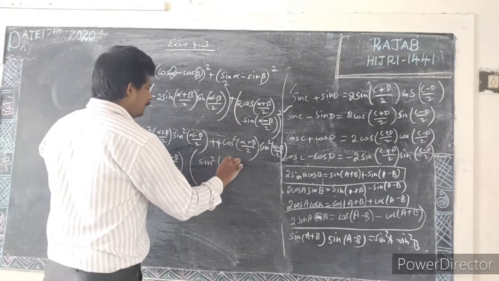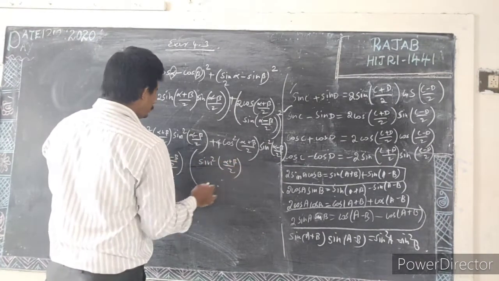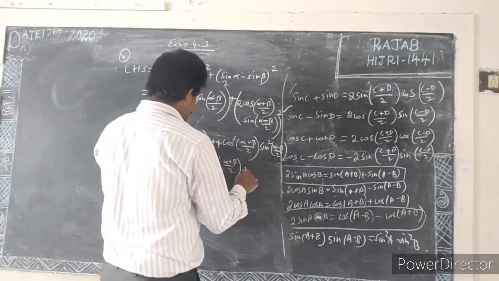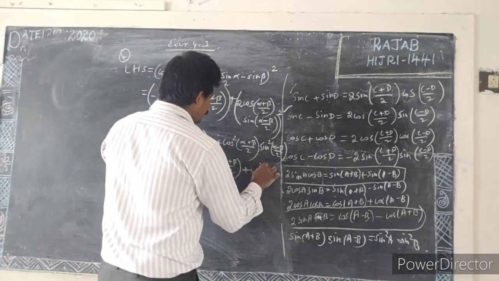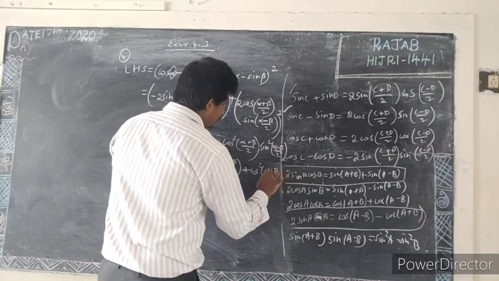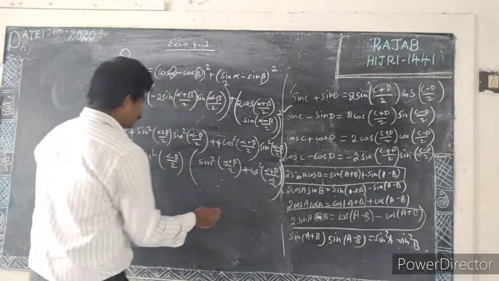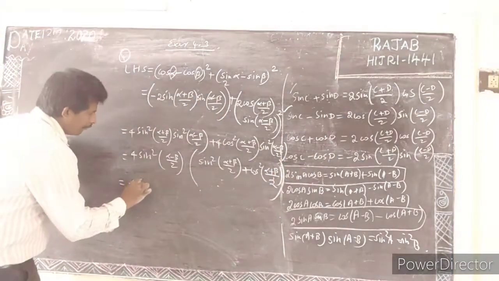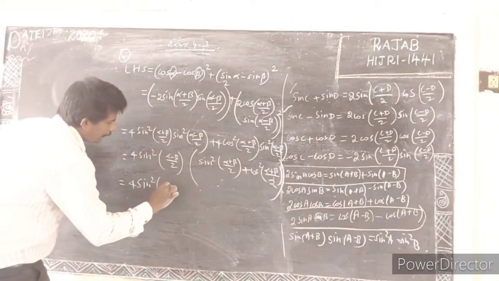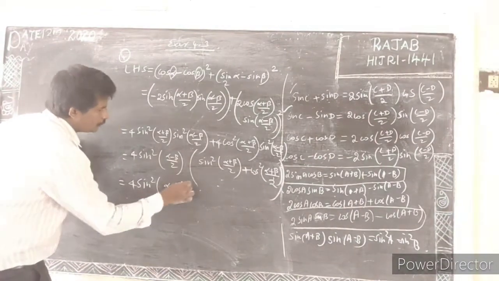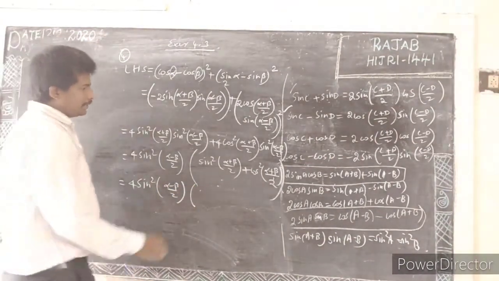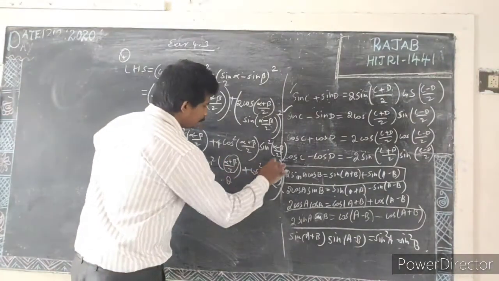So what will happen? Sin square (alpha plus beta)/2 plus cos square (alpha plus beta)/2. This is equal to 4 sin square (alpha minus beta)/2 into, see, you can consider this as theta.